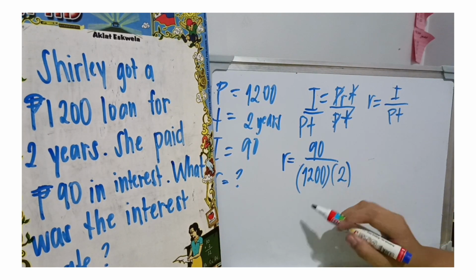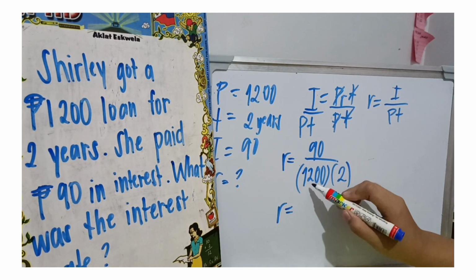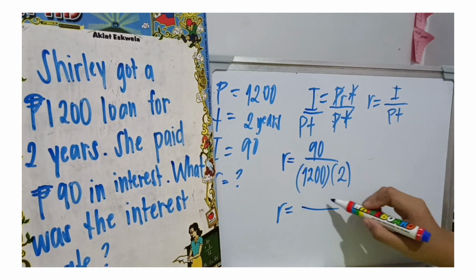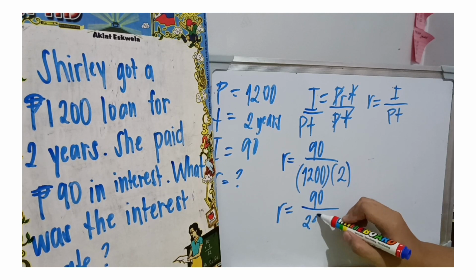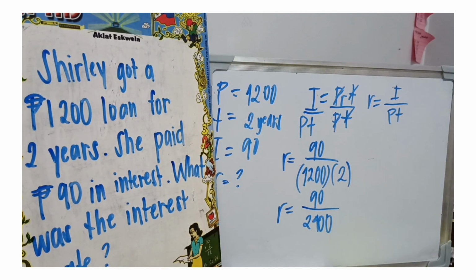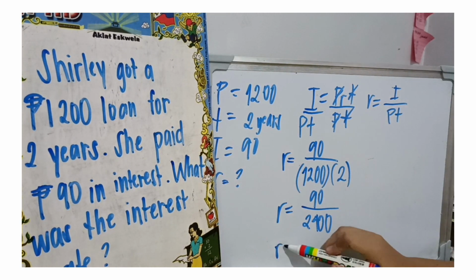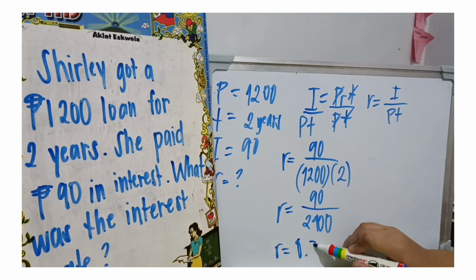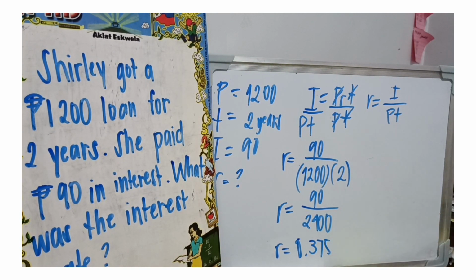So, we multiply 1,200 by 2. So, our answer here is 90 over 2,400. Now, we divide 90 by 2,400. So, our answer is 0.375.